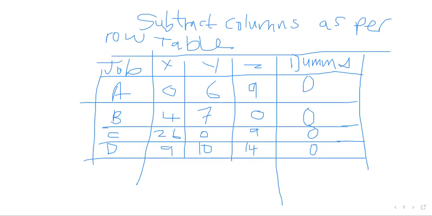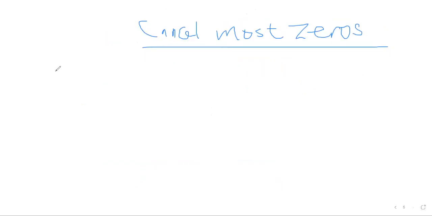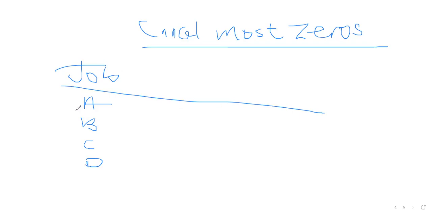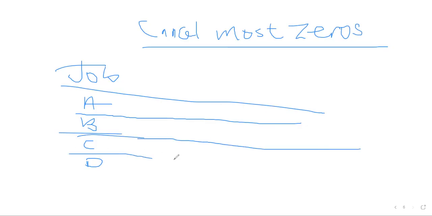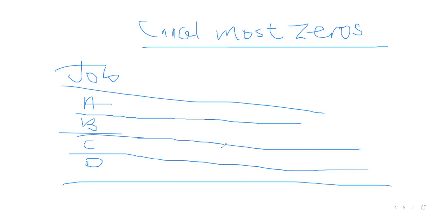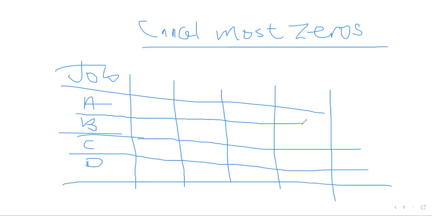So from here, we have job A, B, C, D. So we need to count almost zeros.